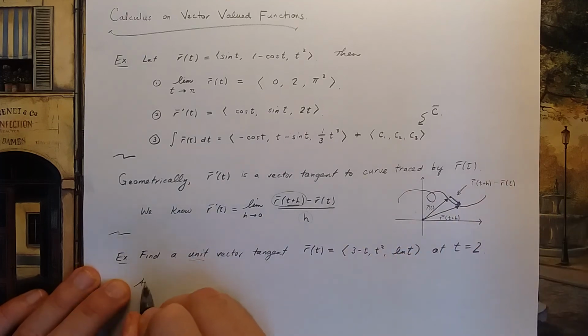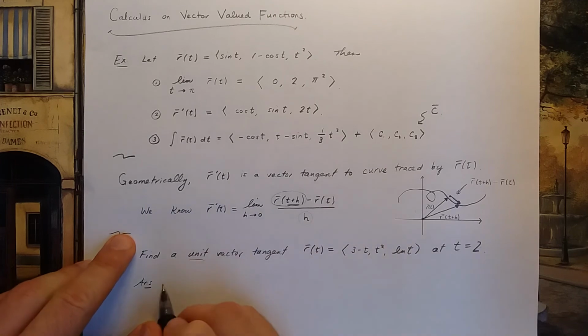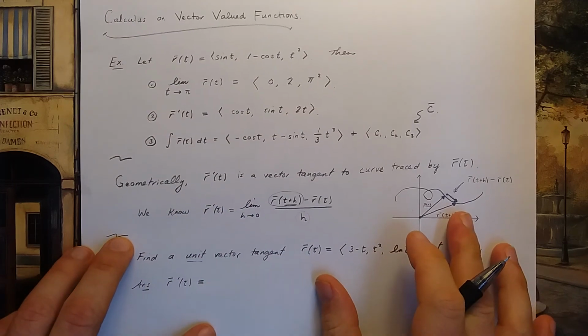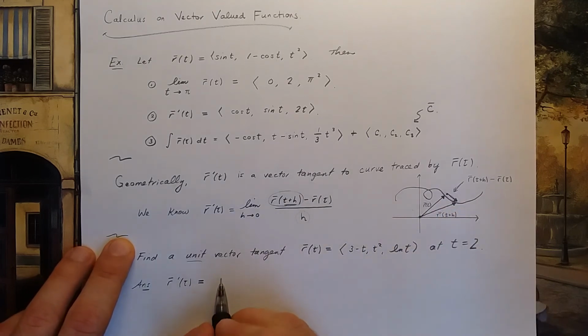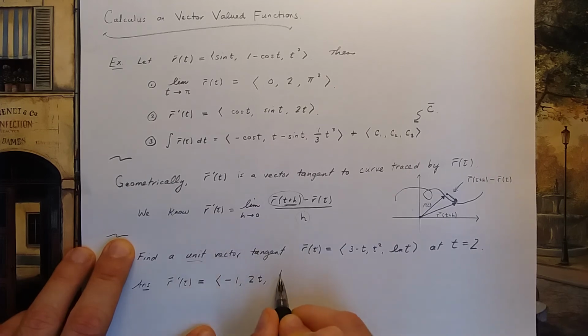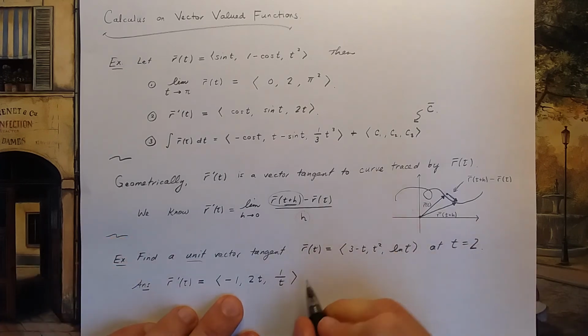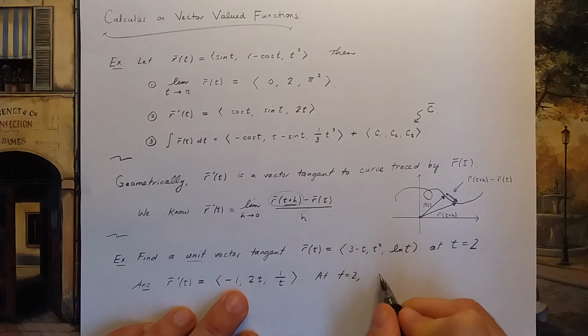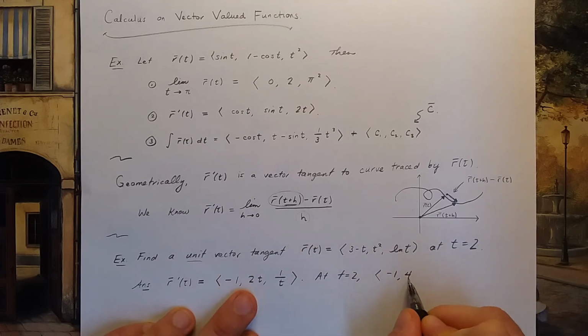So here's my answer. The derivative of our vector-valued function is easy to calculate. It is -1, 2t, 1 over t. At t equals 2, I get the vector -1, 4, 1/2.